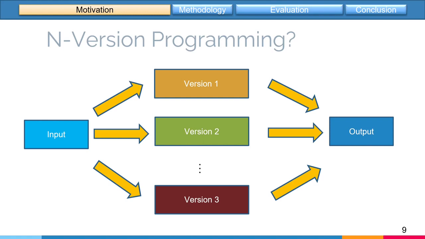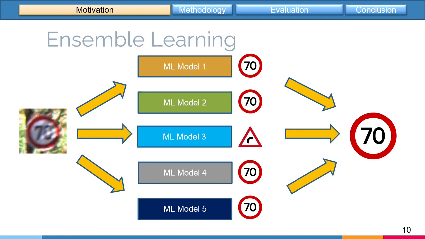It relies on the fact that because each version is developed independently, their algorithmic differences will lead the versions to behave differently in the presence of bugs. Inspired by N-version programming, could we instead have multiple ML models of different architectures perform inference, and combine those results through simple majority voting?